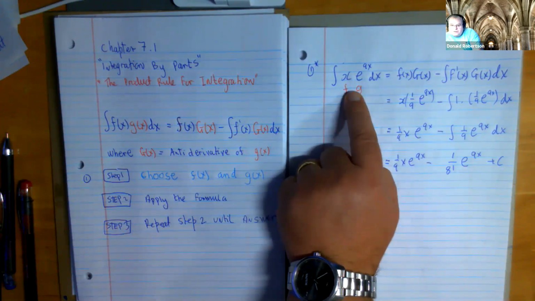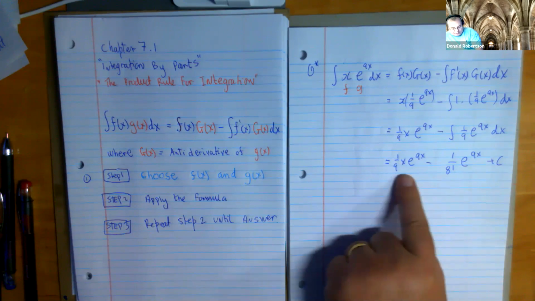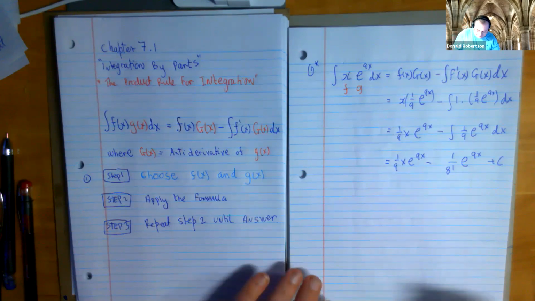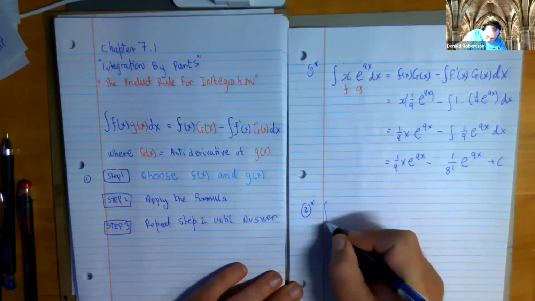So you want to find the antiderivative of this product using integration by parts. We got you. This one is like question 2.